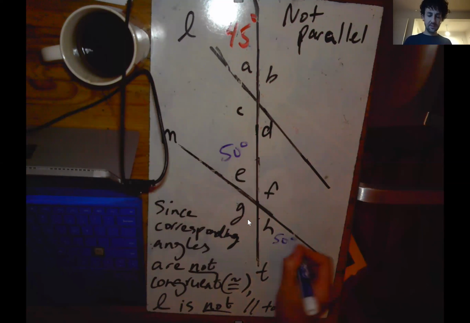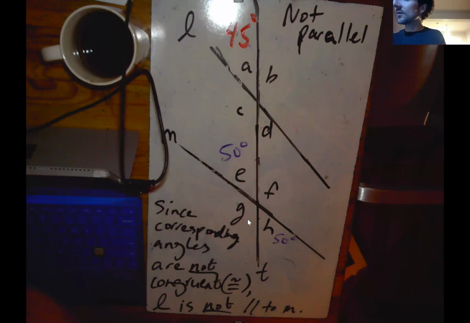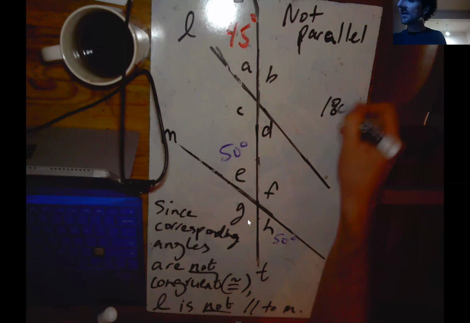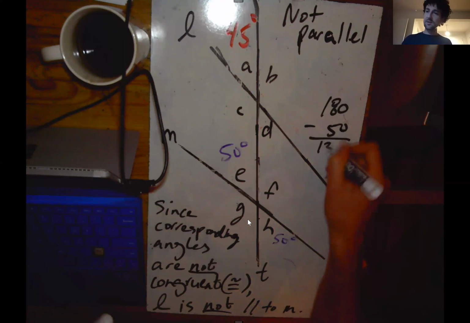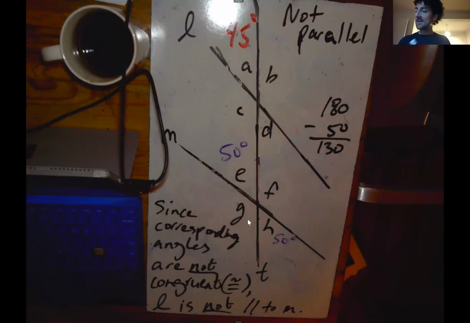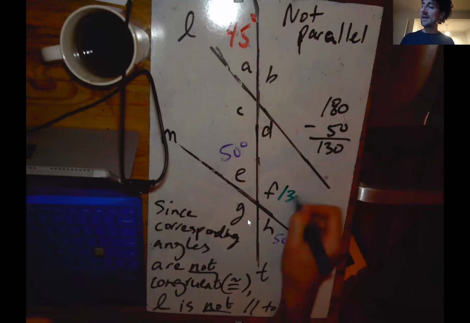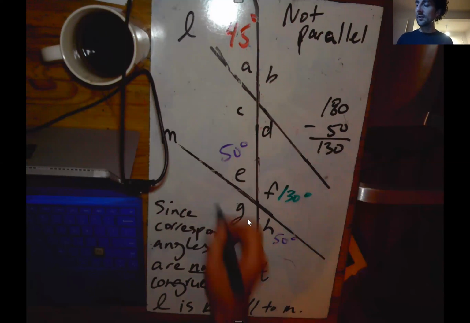So these are both 50 degrees. Then if I subtract from 180, I can say 180 minus 50 equals 130. So that tells me that angle F is 130 degrees and angle G is 130 degrees.